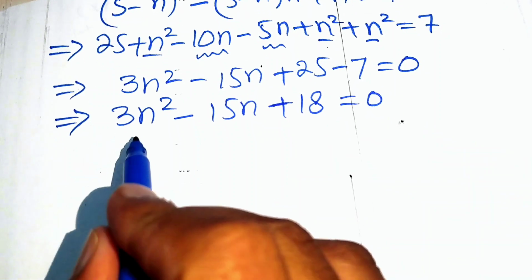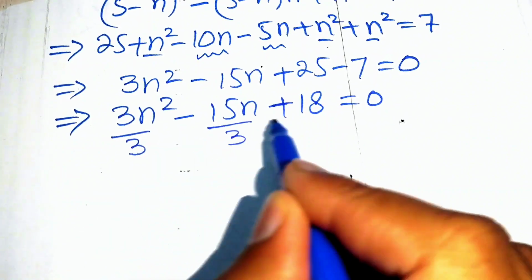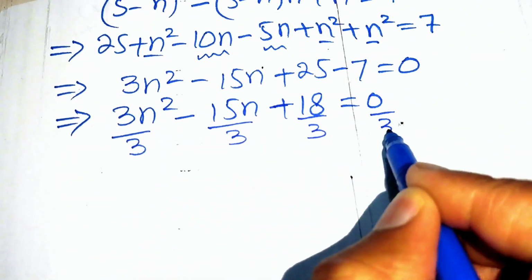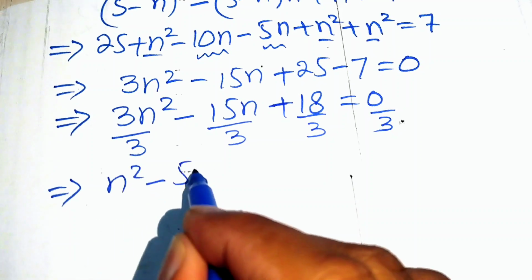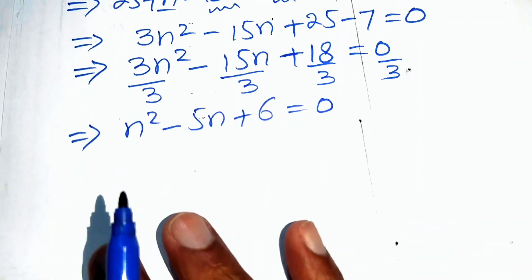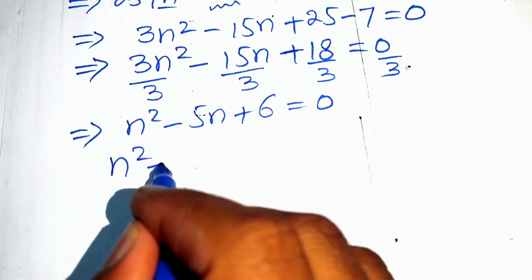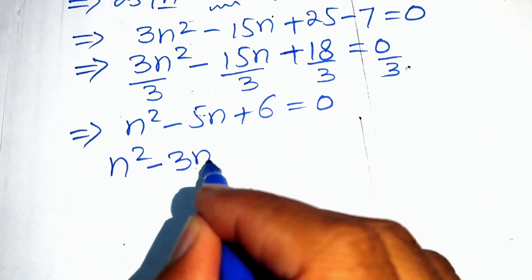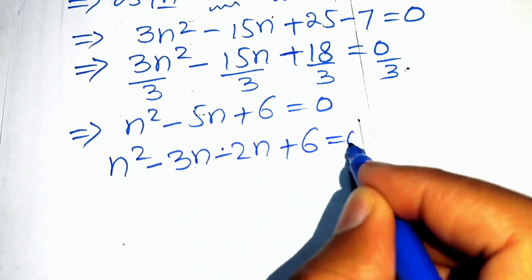You see here we have 3 as a common term, so we divide each term by 3 on both sides, and we get n square minus 5n plus 6 equals to 0. Now we easily factorize this equation: n squared minus 3n minus 2n plus 6 equals to 0.